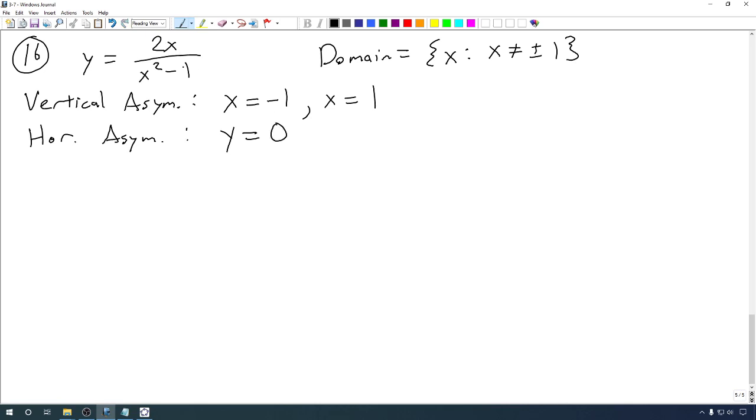Whenever the degree of the bottom is bigger, we get an asymptote of y equals 0 on both sides when we're dealing with these rational functions. So we already have quite a bit of information about our curve without even actually having to do any sort of solving yet.